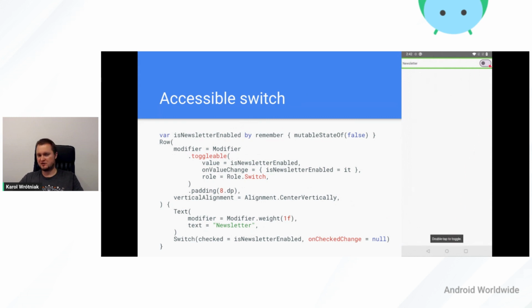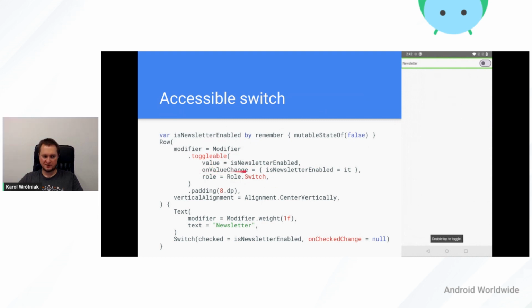So imagine that the switch is already on, and the user hears newsletter, double tap to activate, but in fact, double tap will disable newsletter. So don't use clickable for stateful composables containing switch or checkbox, but toggleable.